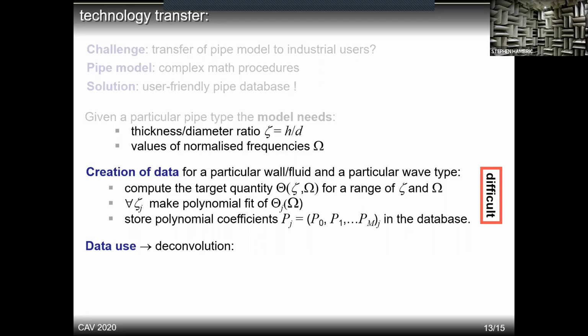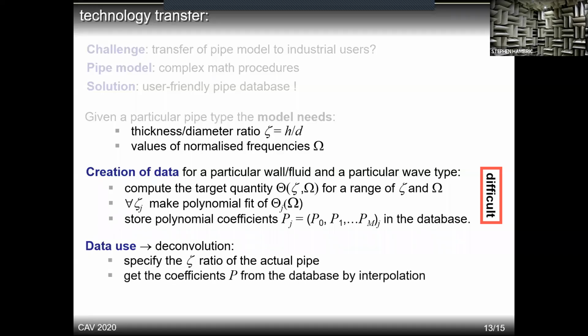On the end user side, the decompression of the zipped data has to be made. The end user has to specify the ratio of his pipe, the ratio of thickness to diameter, and to get the coefficients from the database, he has to obtain by interpolation the right coefficients, because the database will contain the coefficients only for a series of given zeta ratios.